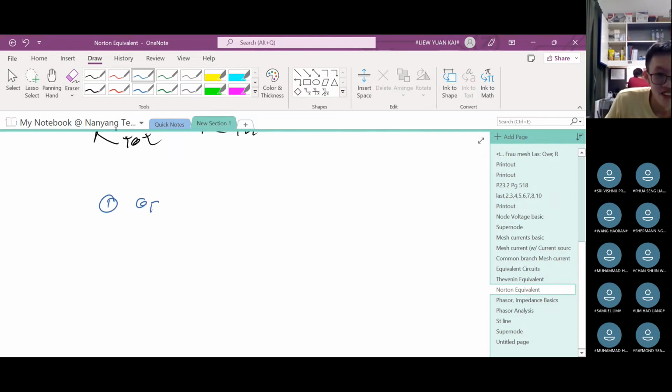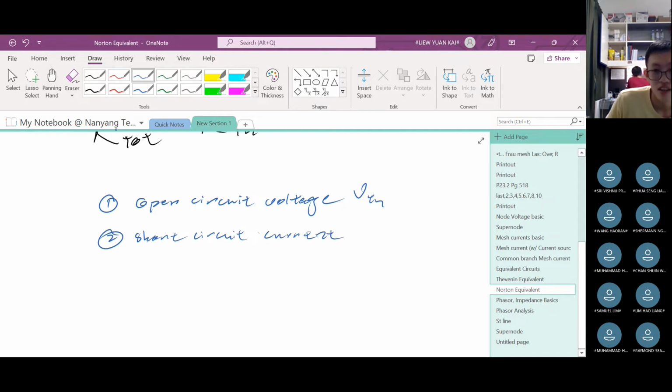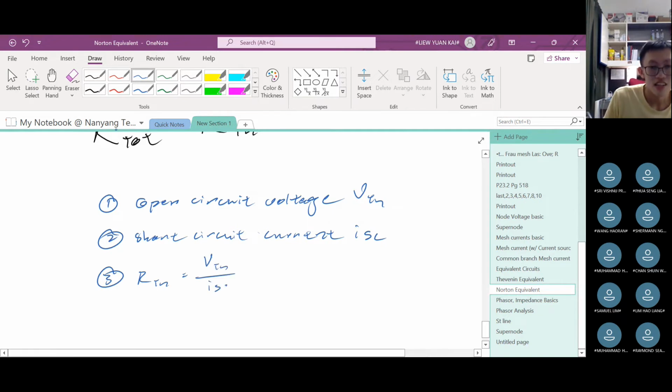Number 1, open circuit voltage. This will give you V Thevenin. Number 2, short circuit current, which is ISC. Number 3, we take R Thevenin equal to V Thevenin over ISC.